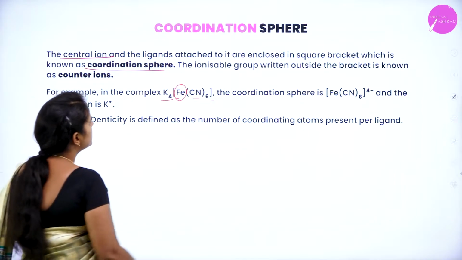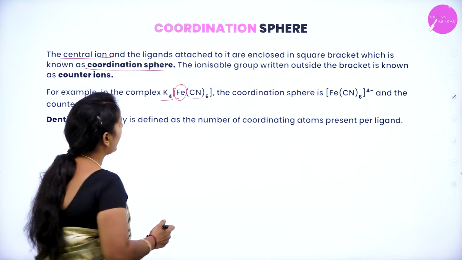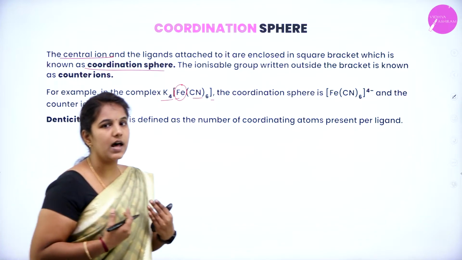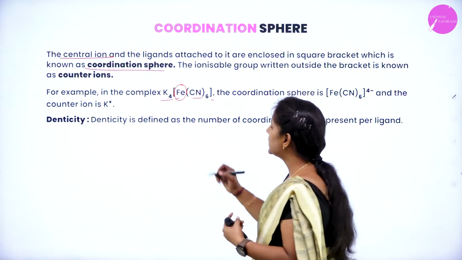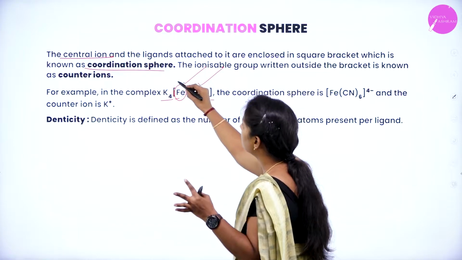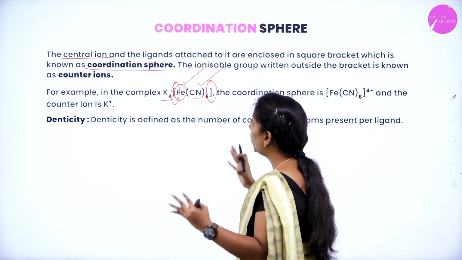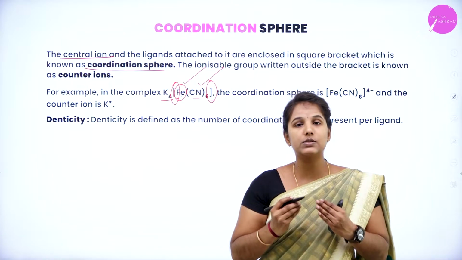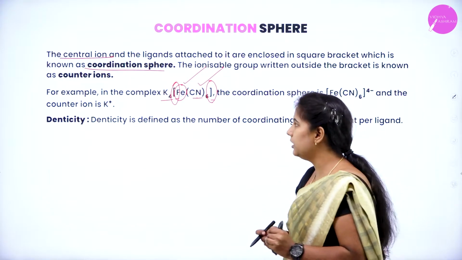You can see that the central ion as well as the ligands are enclosed by a square bracket. This square bracket always encloses a central ion along with the ligands, hence it is known as the coordination sphere. Hope you all understood the coordination sphere.